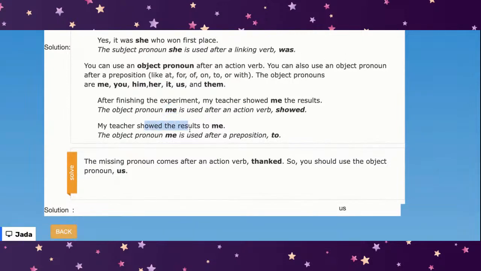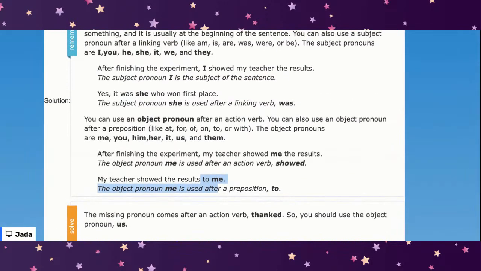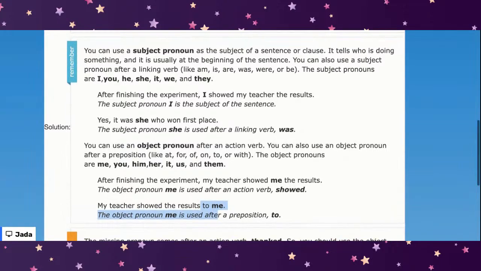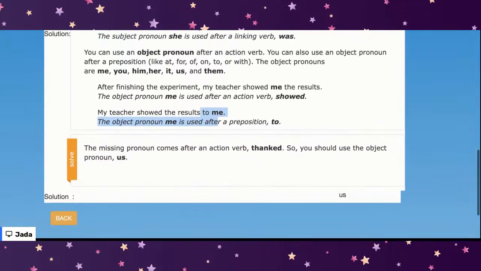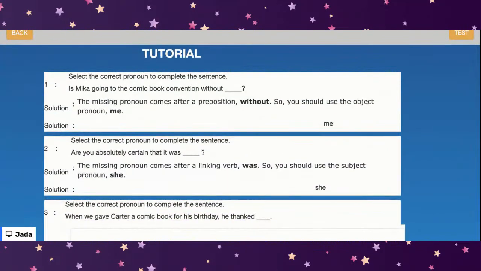My teacher showed the result to me. The object pronoun me is used after a preposition too. So these are different ways that we can take note of the subject pronoun and also the object pronoun.